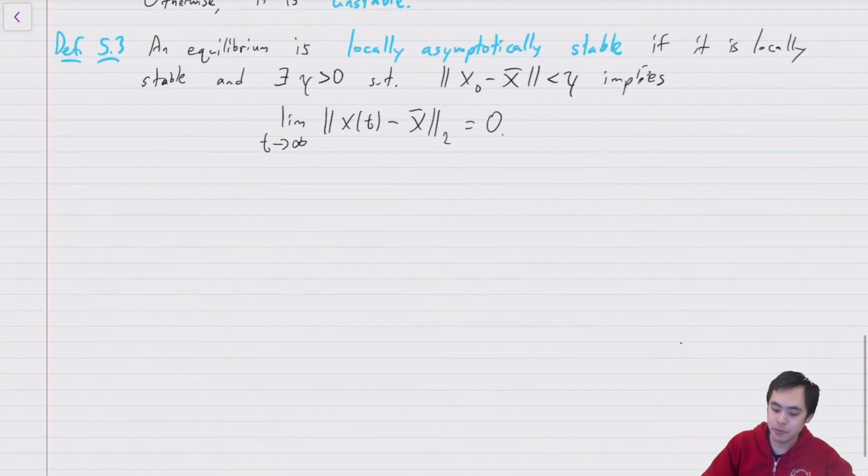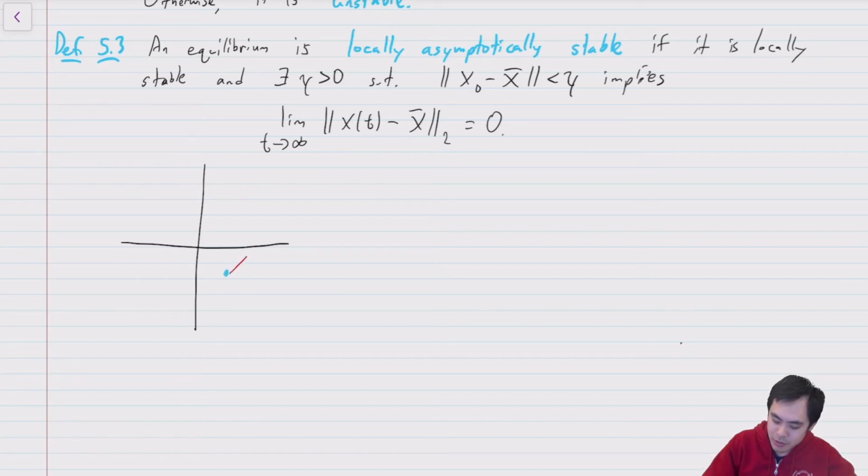So pictorially, if you have some starting point and you have some distance gamma, let's see if I can draw a circle, local asymptotic stability means that if you start within that distance gamma, then you'll always eventually go to your point. So this is local asymptotic stability.